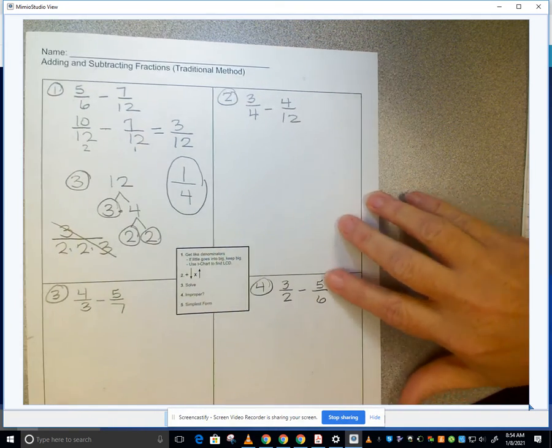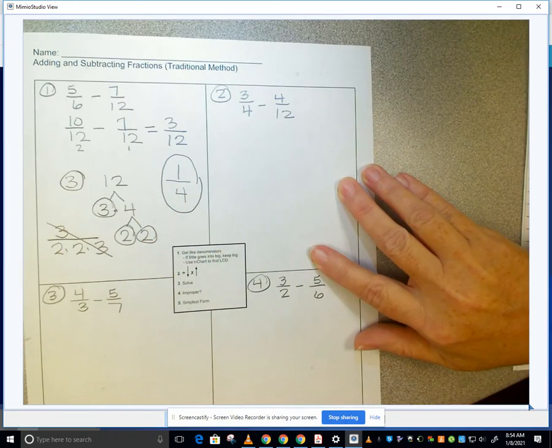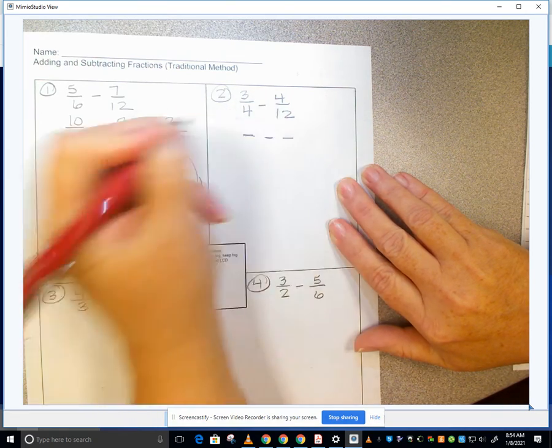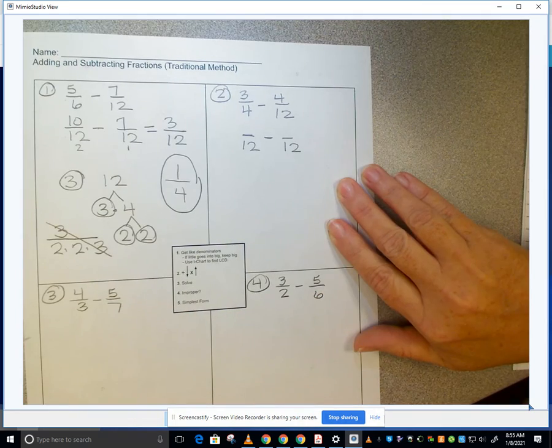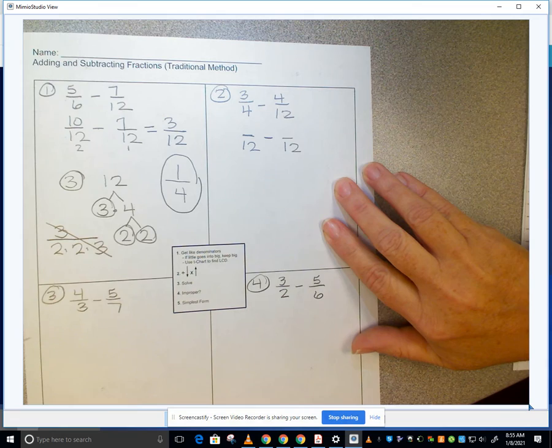All right, number 2, we've got 3/4 minus 4/12. Okay, use 12 as my denominator, because little goes into big, right?